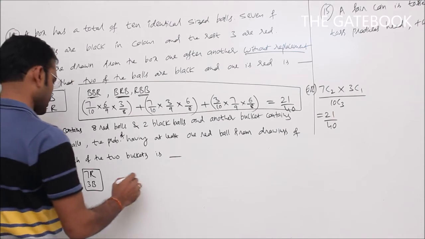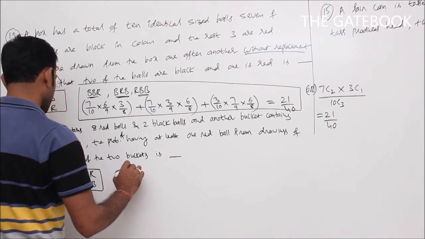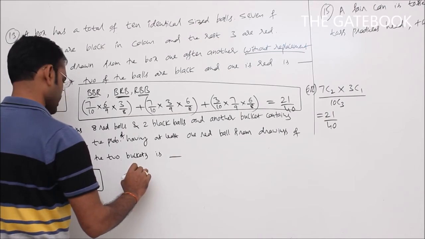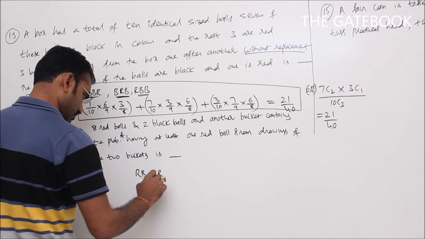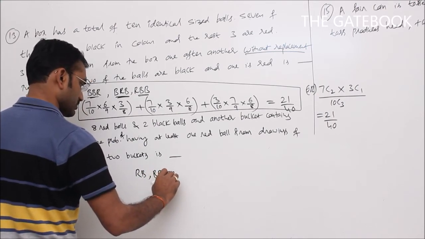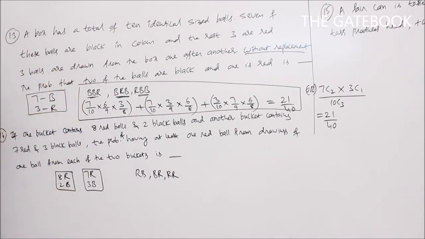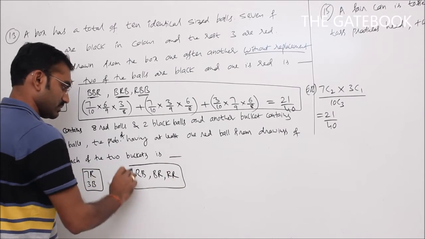At least one red means from the first bucket we can choose red, from the second bucket black. Or you may go for black, red. Or both red. At least one red means one or more than one. So you can go for these three combinations.